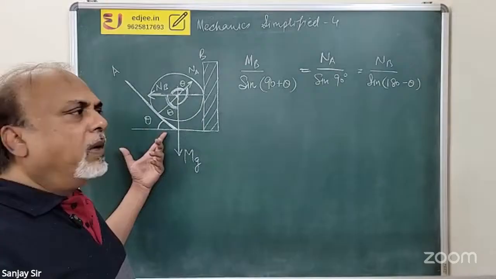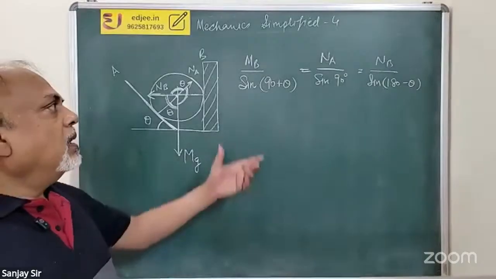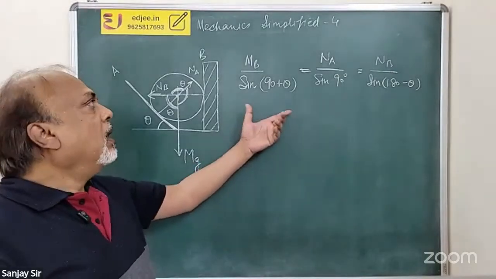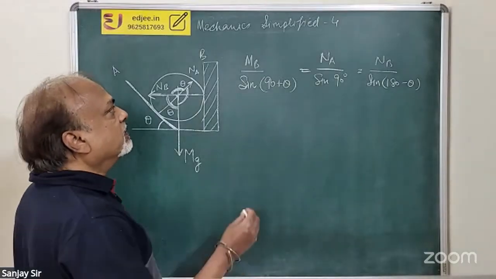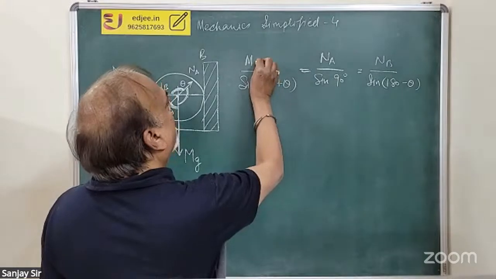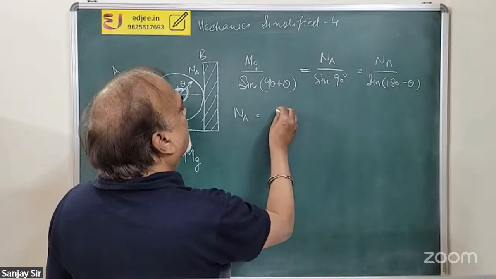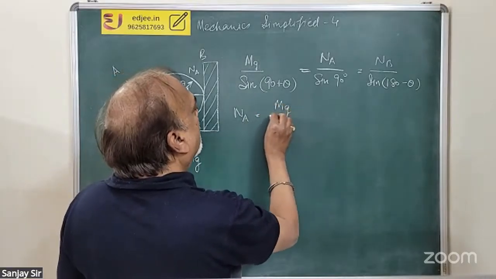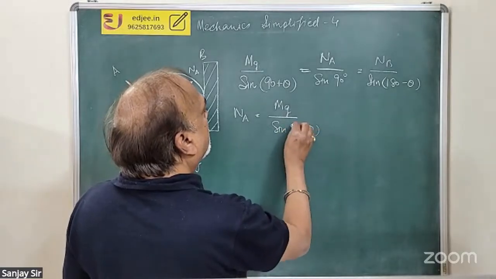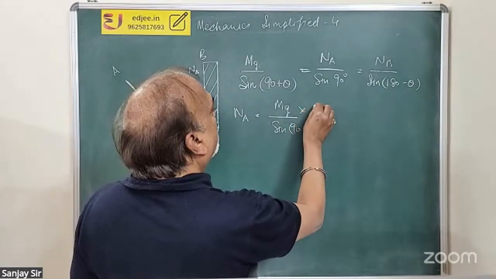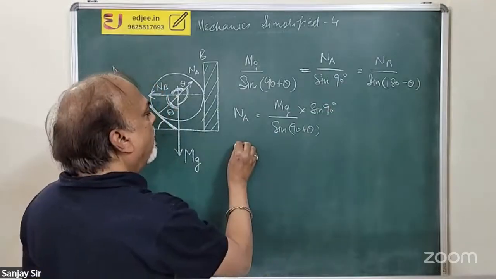Theta angle will be given to you in the question. You simply apply the sine rule and you can find out. This is basically mg. So NA is nothing but mg upon sine 90, which is 1 only.